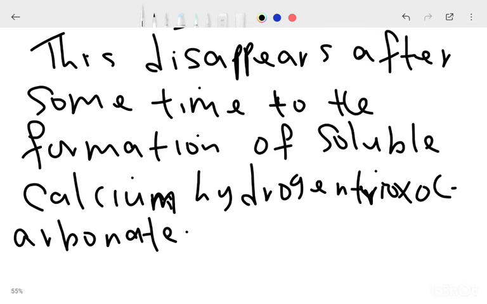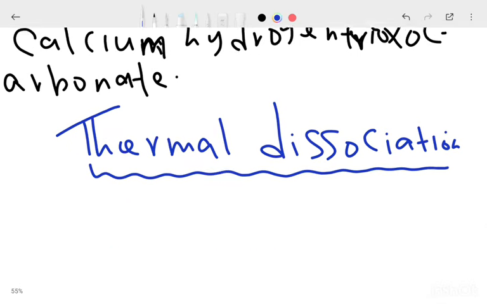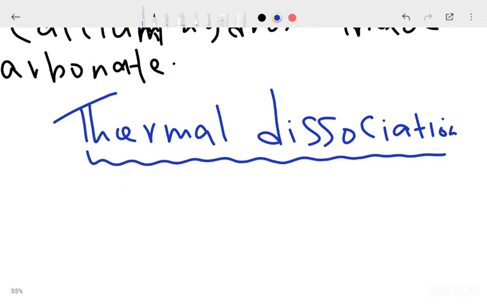Okay, let's do the last one, which is thermal dissociation. Now this one is very brief, let's just do it very fast.